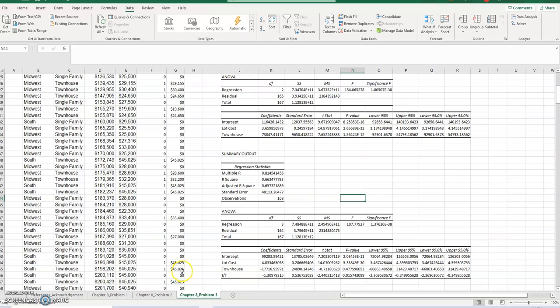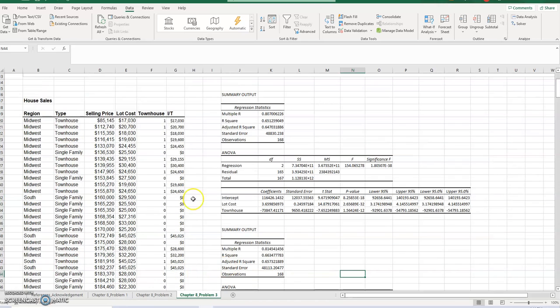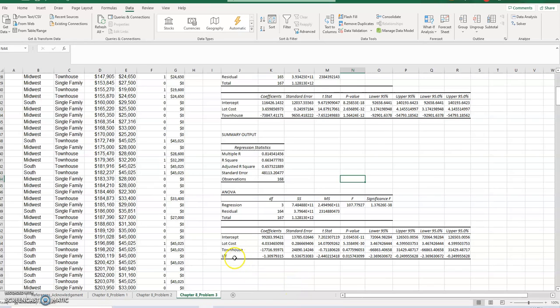However, the point is that when you take the interaction between the lot cost and the type of home that you are building, and that should make perfect sense to you if you've ever built a house, that interaction term, the type of house that you build, is increasing the relationship between lot cost and the total selling price of the house.